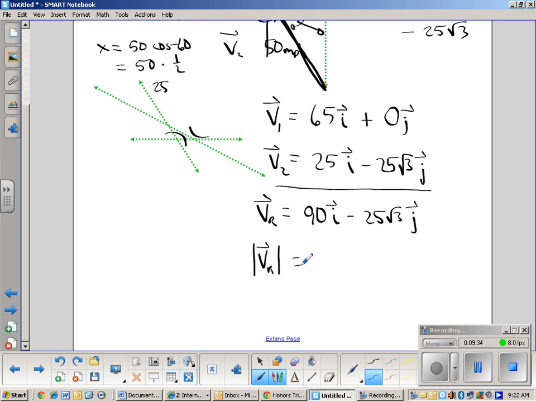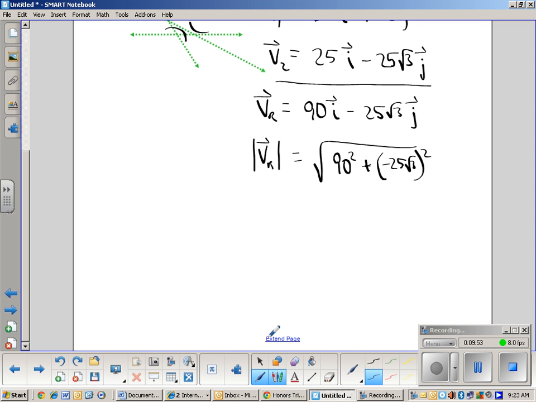No. Square root of the square. It's the square root of those squared. So this is 8100 plus 625 times 3.